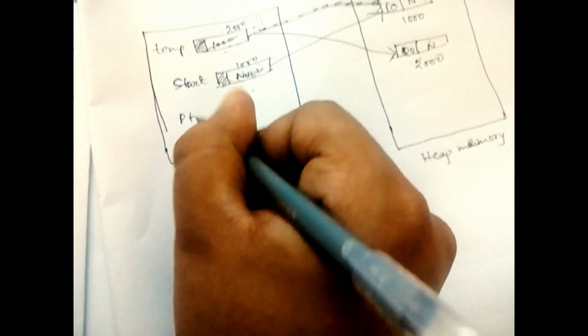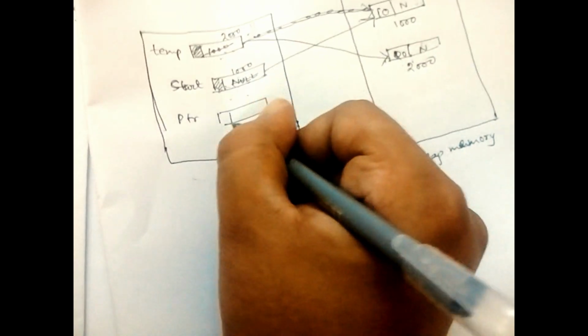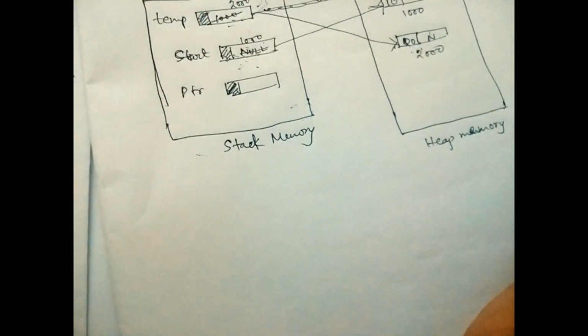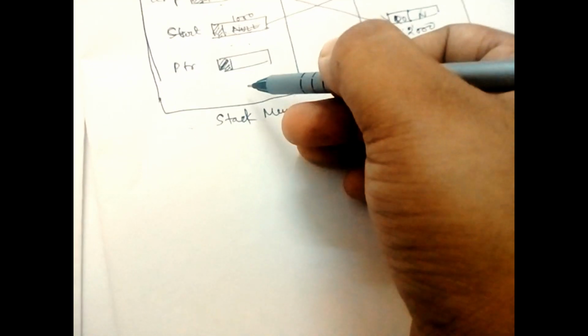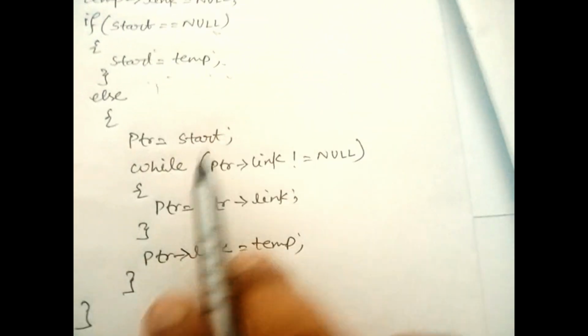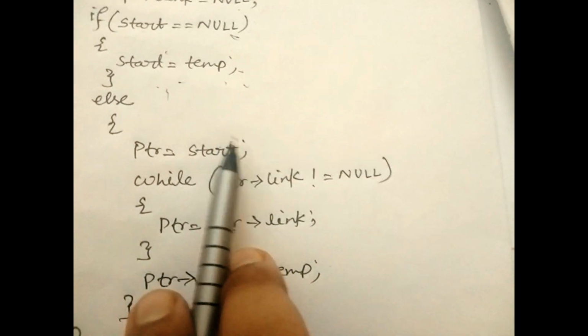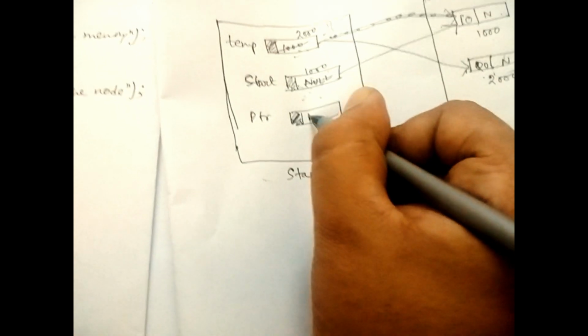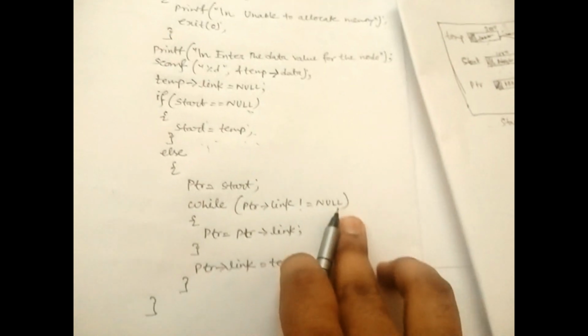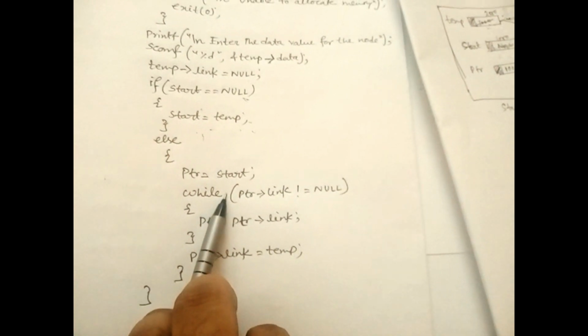Clear? Now ptr equal to start means the value of start is assigned into ptr. That means ptr equal to 1000, and go to the while loop.